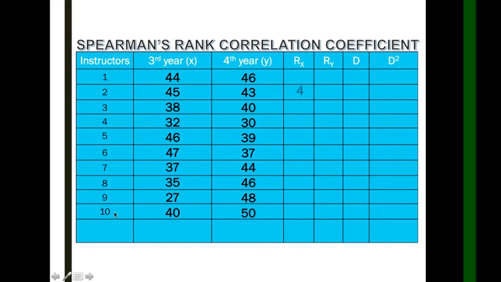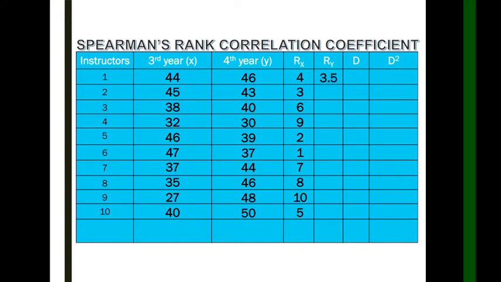So 44 is rank 4, 45 is rank 3, 38 rank 6, 32 rank 9, 46 rank 2, 47 rank 1, 37 rank 7, 35 rank 8, 27 rank 10, and 40 rank 5. We will rank this score from highest to lowest.